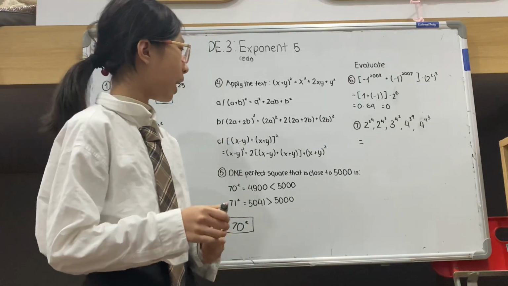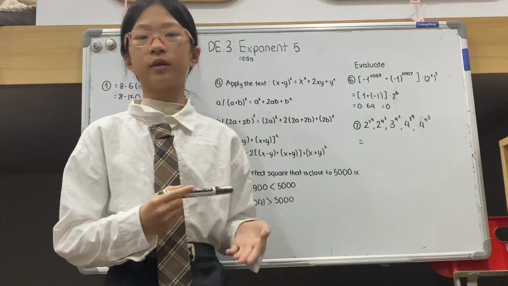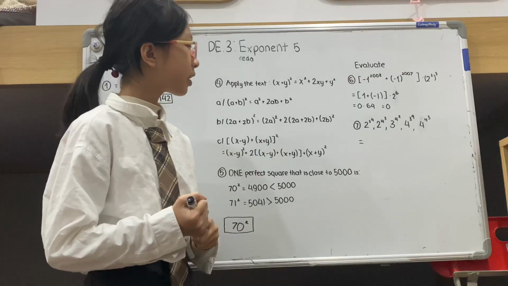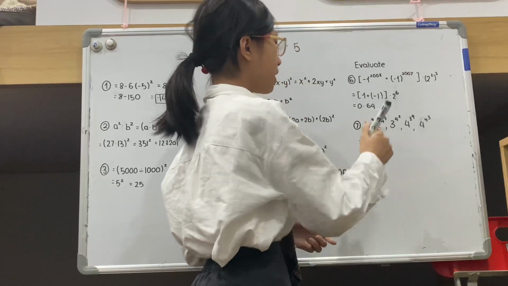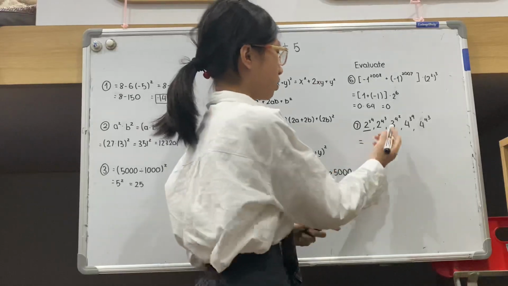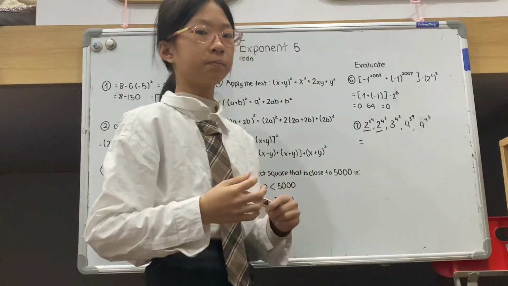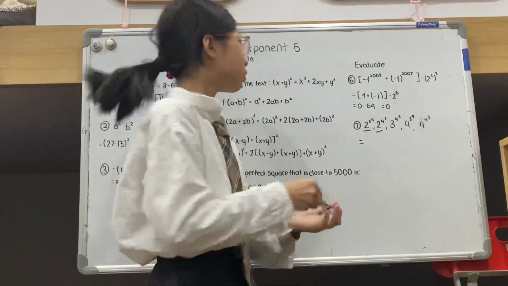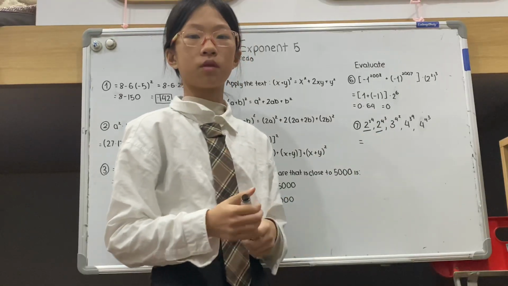But after watching Helen's video and everyone's video, I found out that there's a rule in this. The first number is 2 to the power of 3 to the power of 4, which equals 2 to the power of 4 to the power of 3. They're equal numbers, they just switch places. 3 switches place with 4 and 4 switches place with 3.